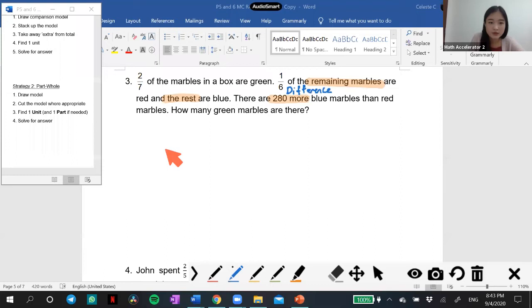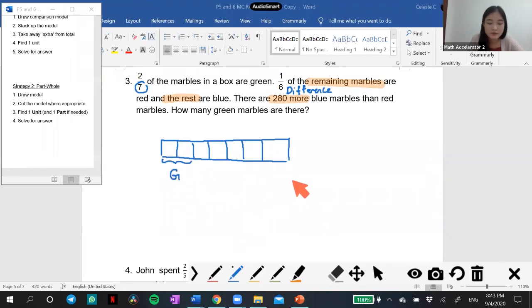2 out of 7 are green. So you have to cut 7 units first. 1, 2, 3, 4, 5, 6, 7. Okay, 2 of it here is for green. 1/6 of the remaining are red. Do I have 6 units here?